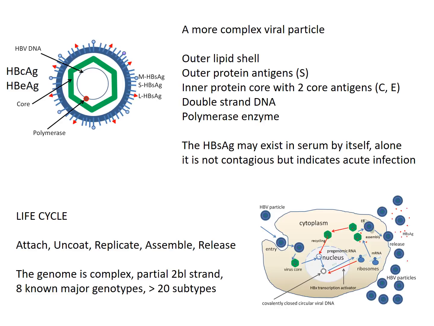Those components are reassembled into new viral particles, and then eventually it is released from the host cell to go on to affect other cells. So new hepatitis B viral particles are synthesized once that initial Hep B virus has attached to the host cell and released its DNA into the host cell.